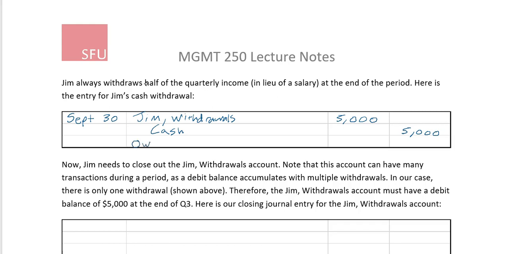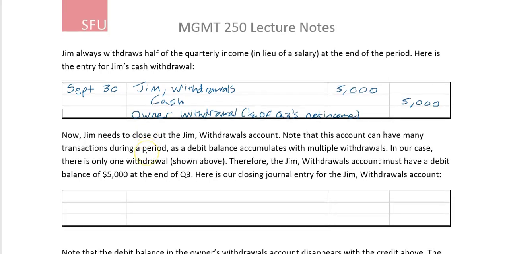And for a brief description here, I'm just going to write down owner withdrawal, and maybe I'm going to write a brief description, half of Q3's net income. Just to give a little more detail of what's going on.